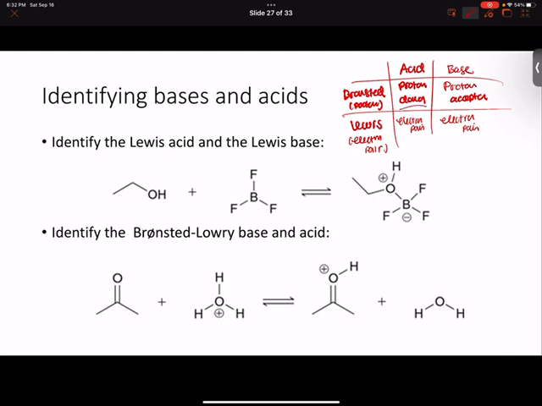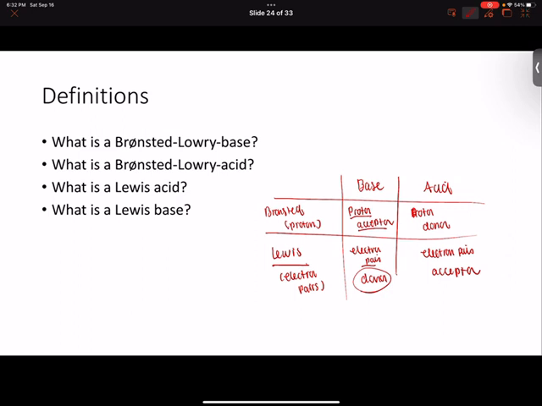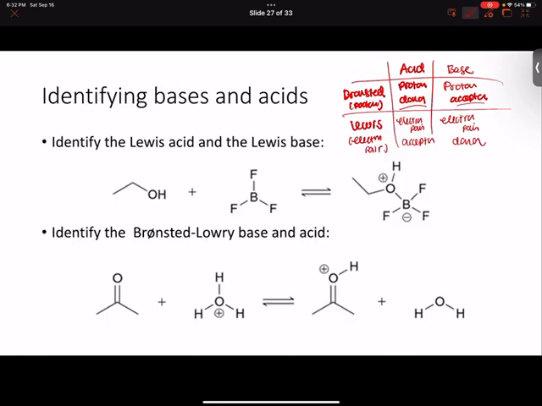Let's see, this one's donor, so this one's gonna be acceptor. And we have electron pair acceptor, this one's gonna be a donor then. And then just let me check back on my chart, I don't want to get it wrong. So we did proton acceptor, Bronsted. Okay, so we're good to go.